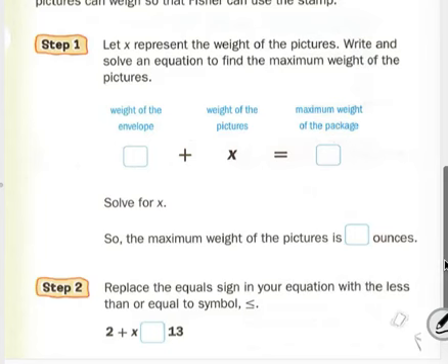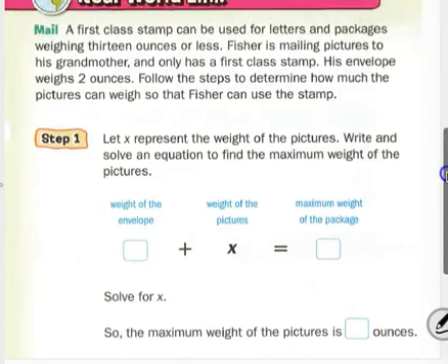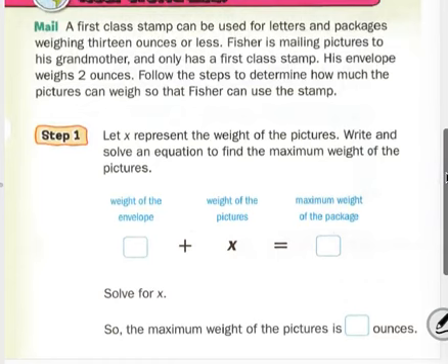Well, we'll start out there by looking at the weight of the envelope. It says his envelope weighs 2 ounces. So we know the envelope weighs 2 ounces, plus the weight of the pictures. Well, we don't know the weight of the pictures, so that's going to give us a value of X. And to the right of the equal sign, we want the maximum weight of the package.